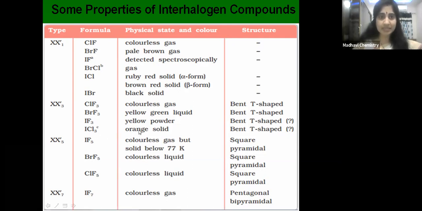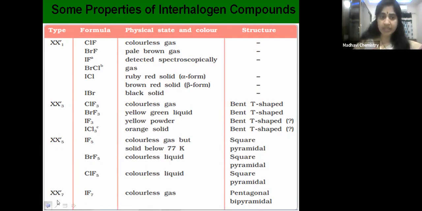All XX'3 types have a T shape. Now coming to XX'5: IF5, BrF5 and ClF5. IF5 is a colorless gas but solid below 77 Kelvin, BrF5 is a colorless liquid and ClF5 is a colorless liquid. All XX'5 type interhalogen compounds have a square pyramidal structure.